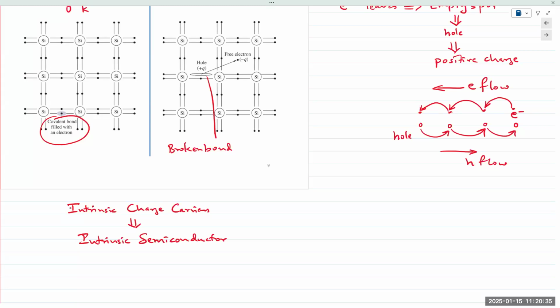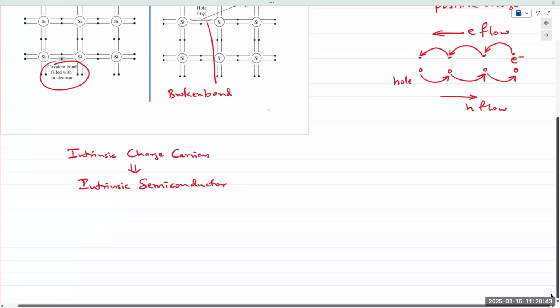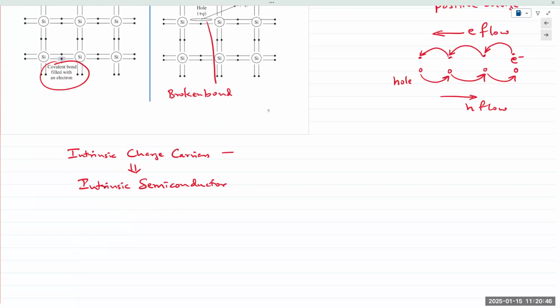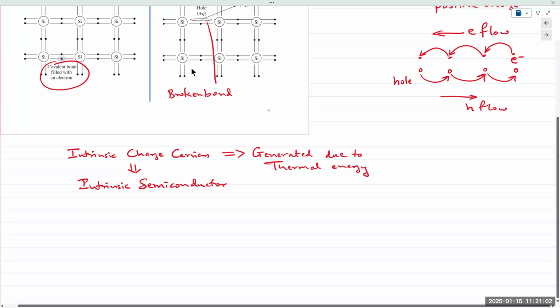These charge carriers are generated because of thermal effects, because of acquired thermal energy. We are not applying any external fields to it.